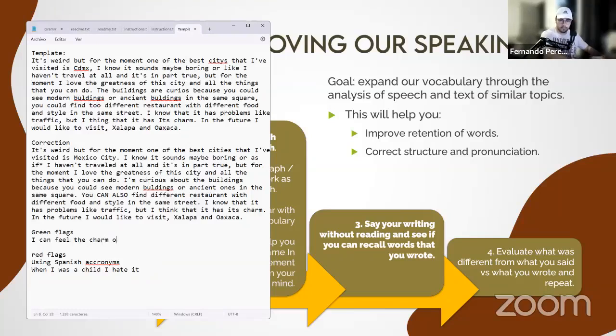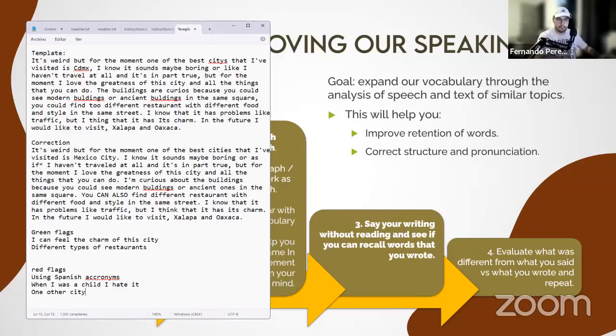I can see um, bigger buildings and modern buildings and ancient buildings too. We can see maybe restaurants, different types of restaurants in the same street. Um, One other city that I would like to visit is Oaxaca or maybe Jalapa. And that's all.